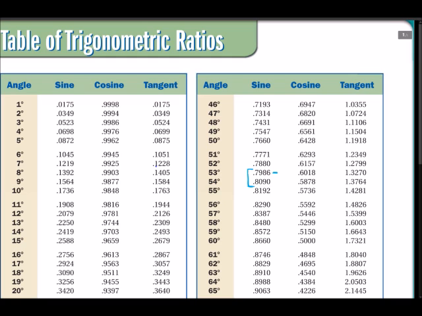It's hard to tell. One of those two. 0.6 for cosine. This top one's the best one. That one. That's closer to 0.6 there. And 1.333, that's definitely here on the tangent.